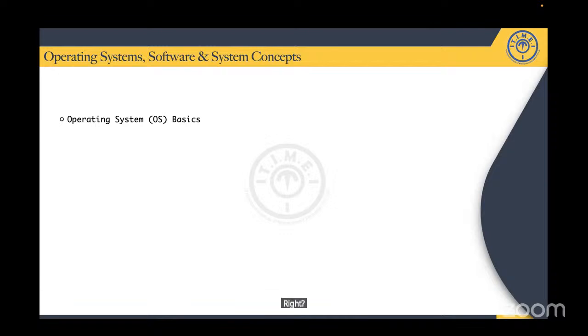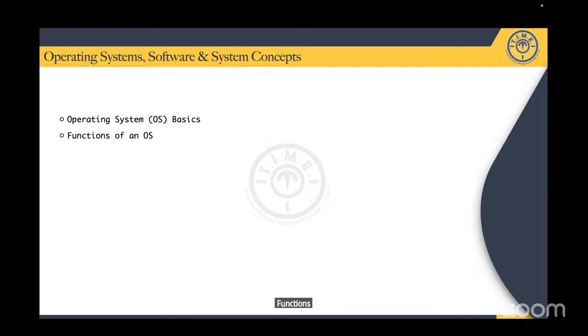Right? The user, operating system, and hardware. So that is the interaction. The user will interact with the hardware through the operating system. Examples: Windows, Linux, Mac OS, Android. Without OS, hardware is useless to the user.